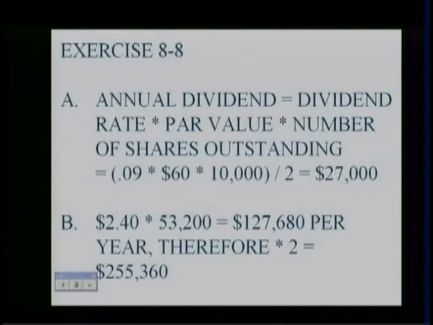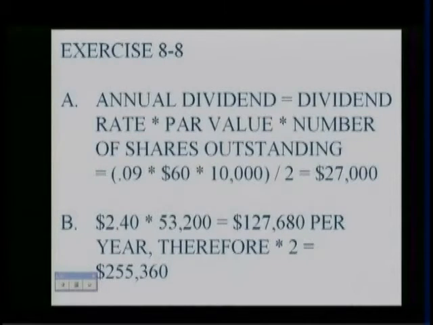The $2.40 tells us that's the annual dividend amount. Now we have to multiply that by the number of shares outstanding, which is 53,200. So we take $2.40 times 53.2. That means each year we should be paying a dividend of $127,680.